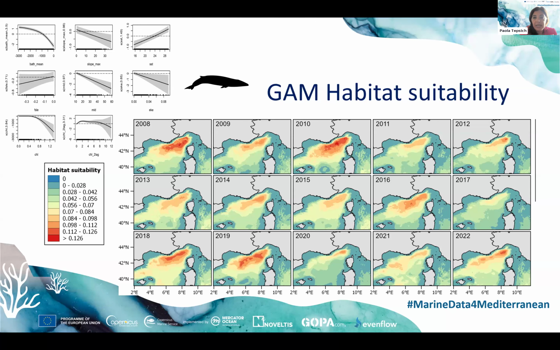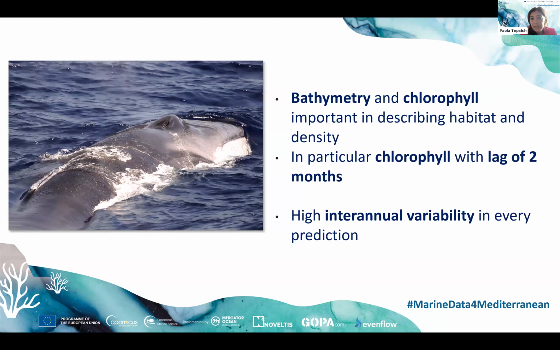Concerning the different variables, while bathymetry is known to play a crucial role in distribution of the species, we also found out that especially chlorophyll has a strong importance in describing the habitat and as a consequence the density of this species.